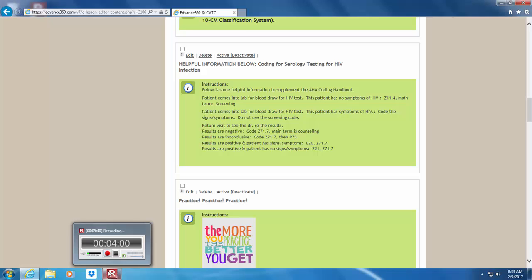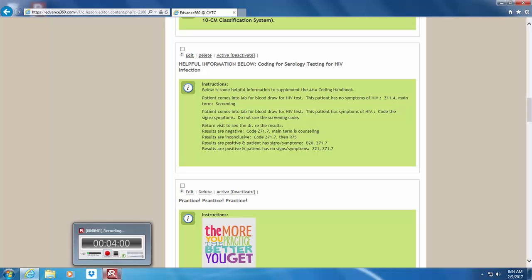patient has candidiasis of the esophagus, opportunistic, secondary to AIDS. What that means is the candidiasis is because of the AIDS.